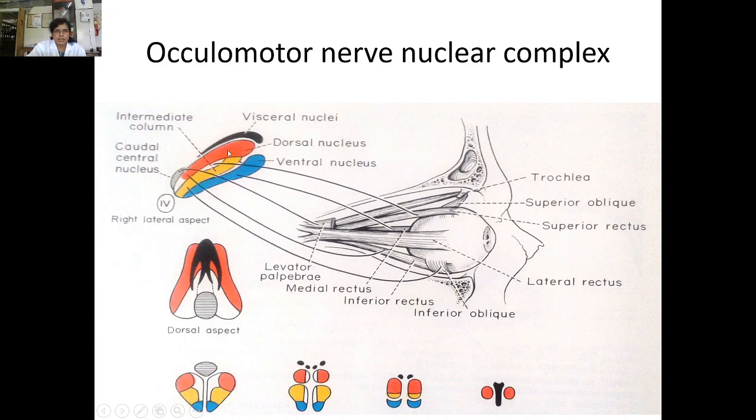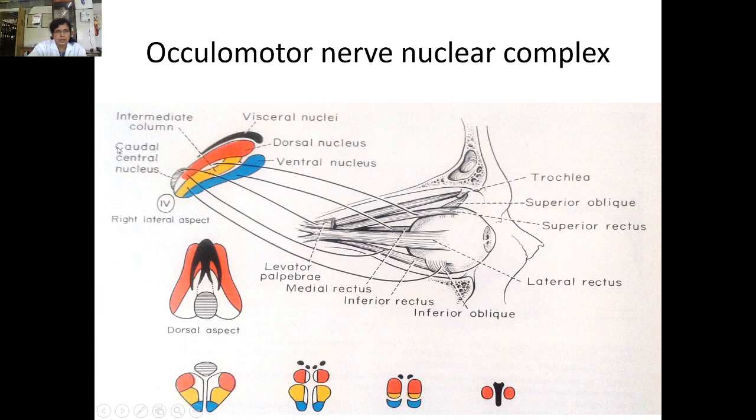Then there is the dorsal nucleus, and fibers arising from this dorsal nucleus mainly supply the inferior rectus muscle. Then this is the ventral nucleus, and fibers arising from this ventral nucleus supply the medial rectus muscle.